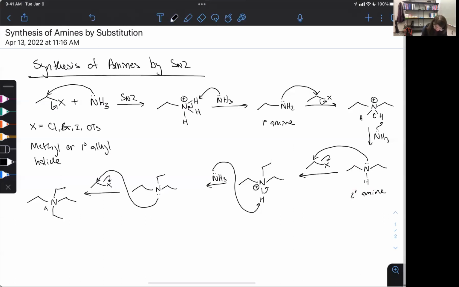Okay, once we're at this stage, we have the tertiary amine here. Once we get to that final position where we've added now 4 alkylation products, we're at the quaternary ammonium salt.